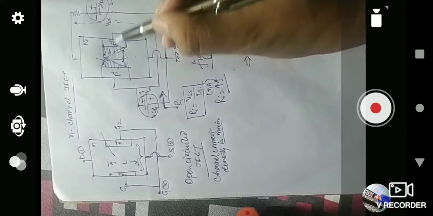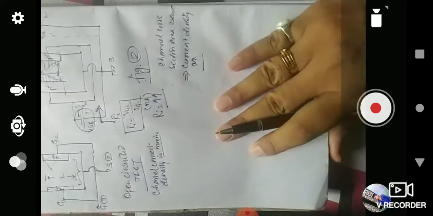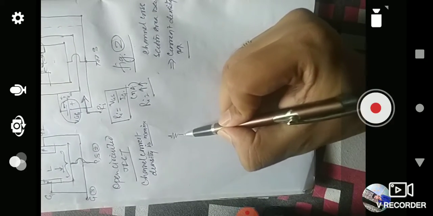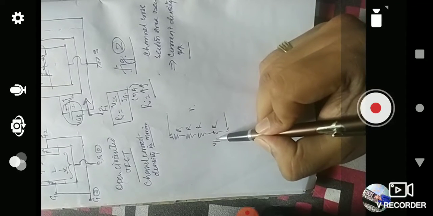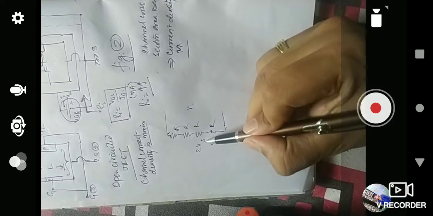And this is just because of the application of voltages like VDS, and this can also be understood with the help of a resistive model. Suppose I am connecting five resistances of equal value with a voltage V, then the voltage drop across every resistance will be equal.